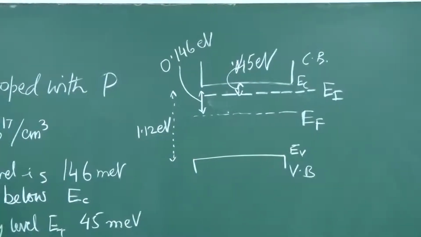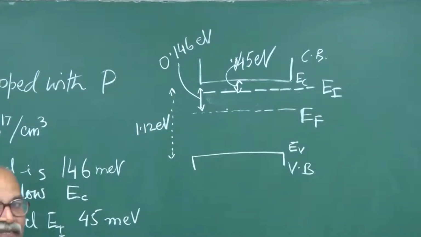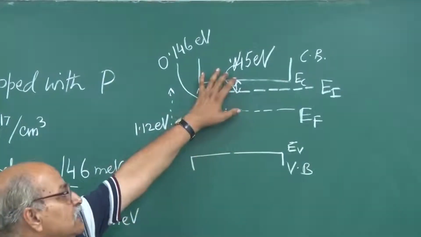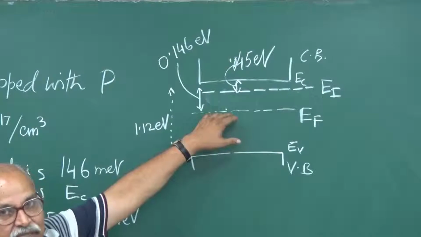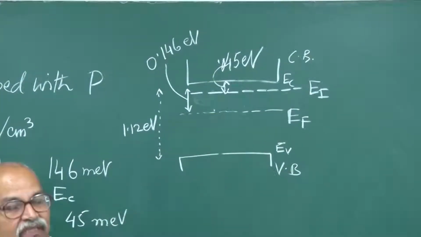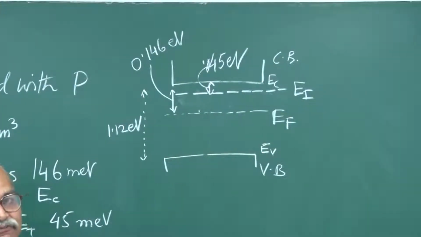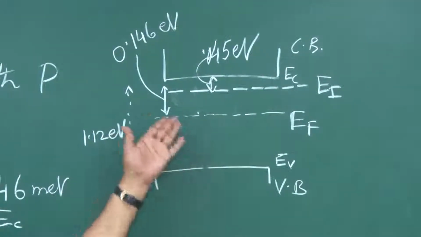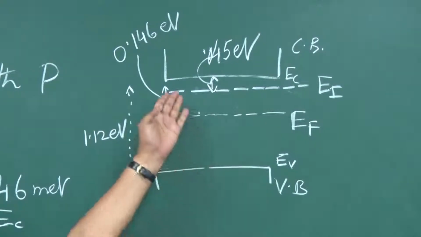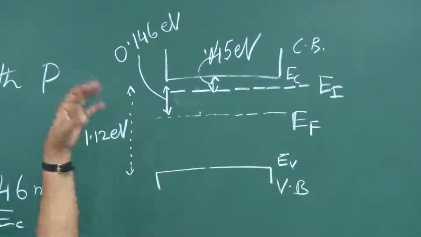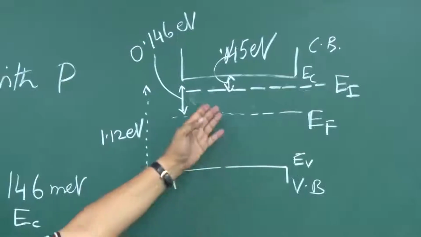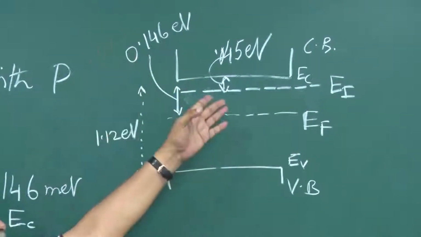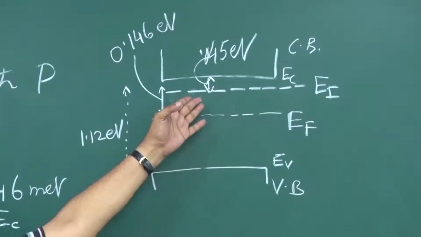I hope you remember, for an intrinsic semiconductor, the Fermi level is midway between EC and EV. But if you dope a donor impurity like phosphorus to make it N-type, this Fermi energy goes up. So it's not at half, it has gone up. And when you are putting these impurities, impurity levels are created, and there are few tens of meVs I had been talking about.